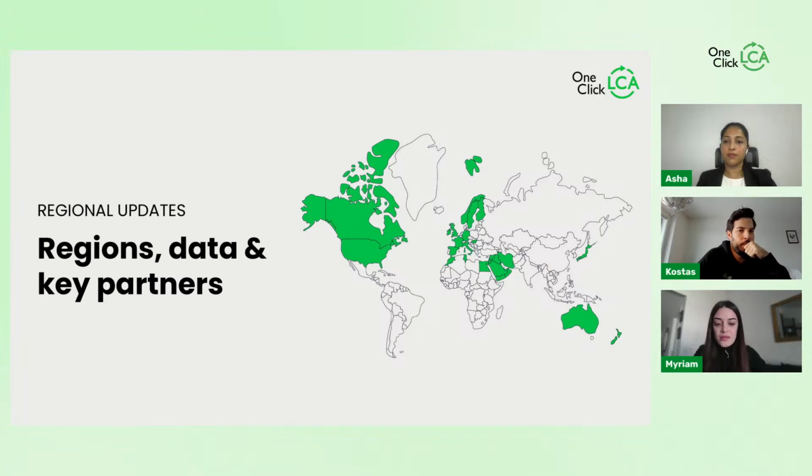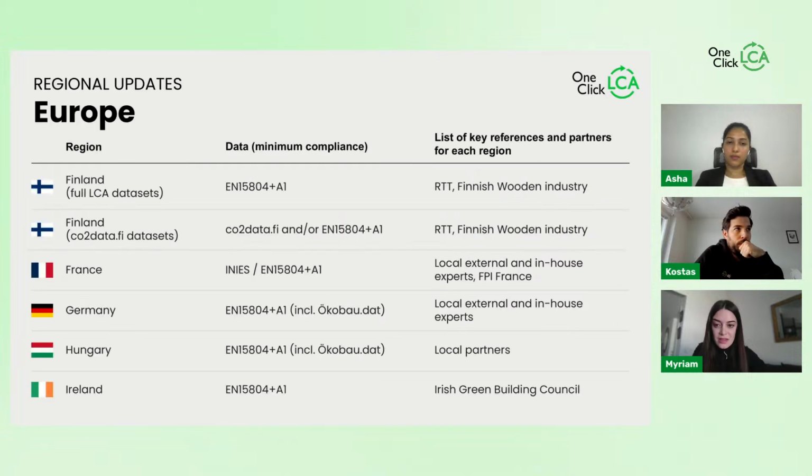This usually involves a deep dive into certification schemes, collaborating with local experts, and collaborating with partners in regions. Our process includes comprehensive research into regional construction trends and preferences, guaranteeing that each new region we introduce is precisely tailored to meet its specific needs.